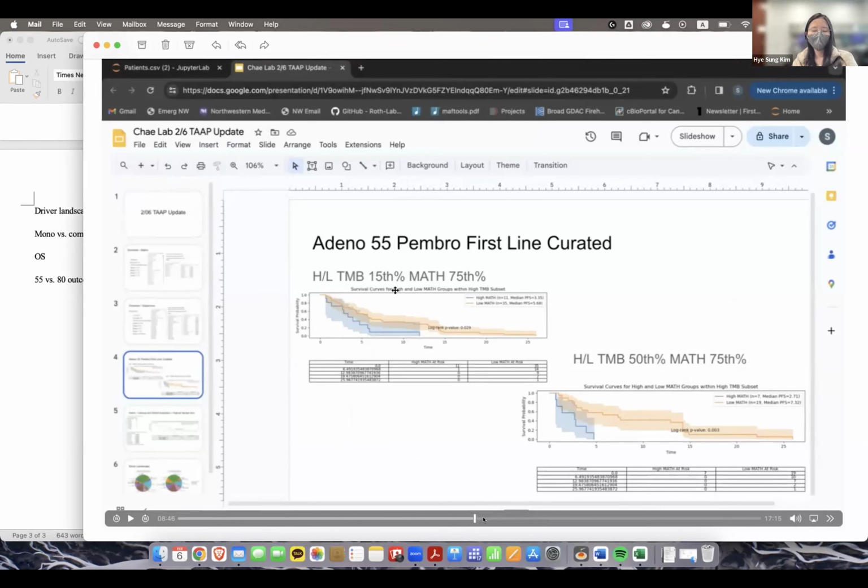So stricter cutoffs, stricter definitions of patients. Well, I guess we don't use Pembro in stage 1, 2, 3.